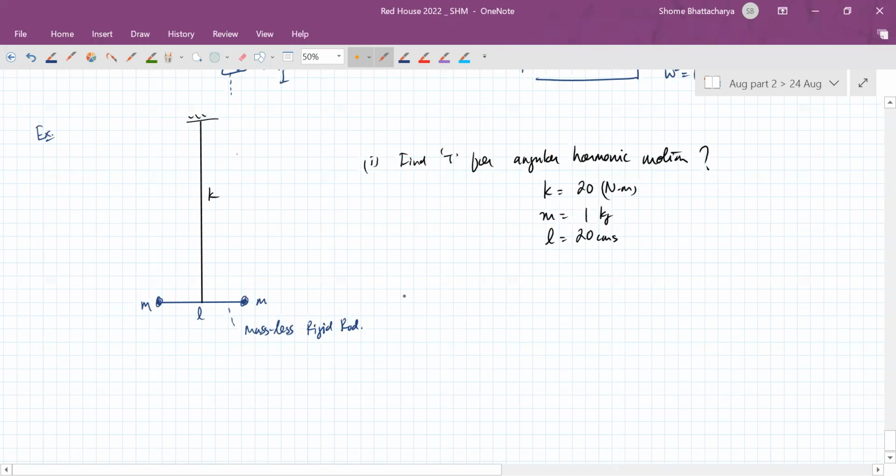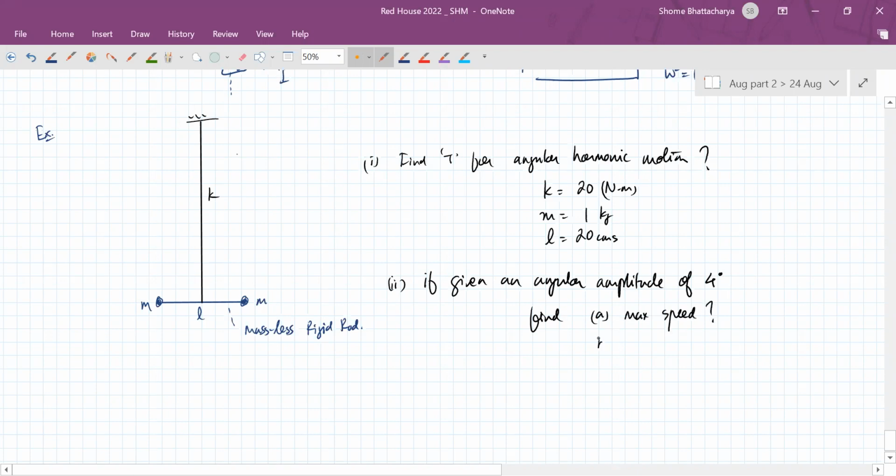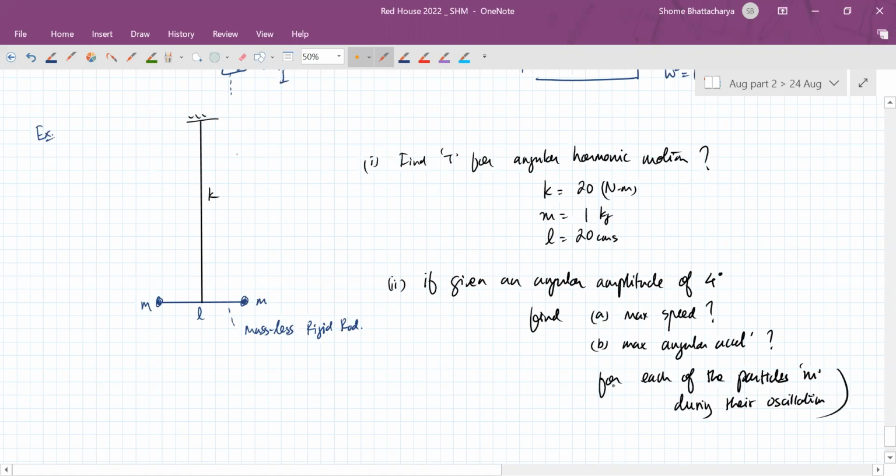Now, if given an angular amplitude of 4 degrees, then find the maximum speed and the maximum angular acceleration for each of the particles m during their oscillation. And oscillation is angular, of course.